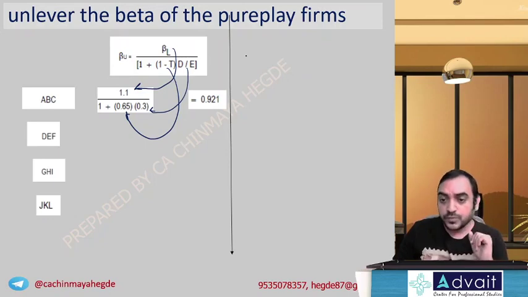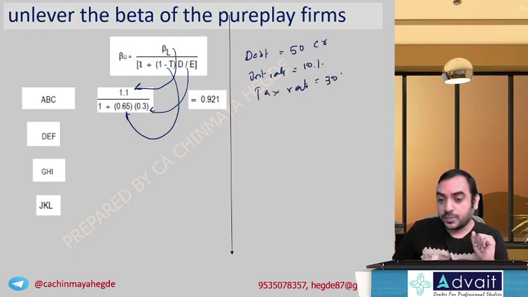Suppose debt amount is 50 crores and interest rate is 10%. Tax rate is 30%. Now every year, what is the interest expense?